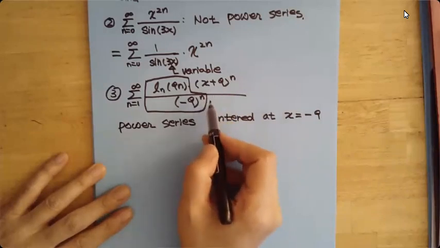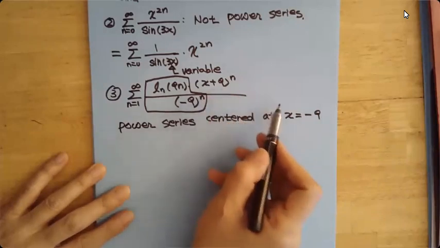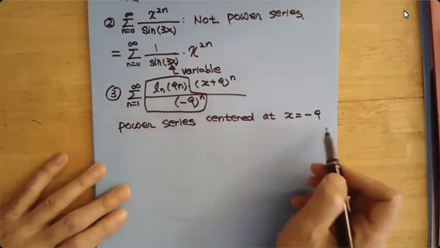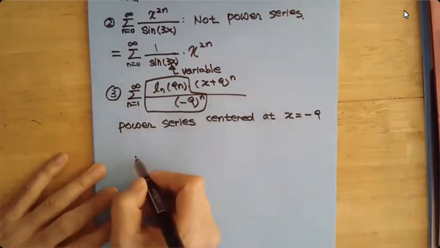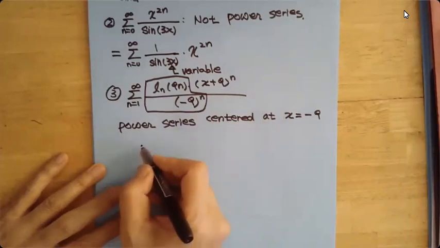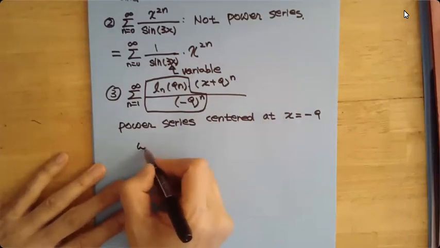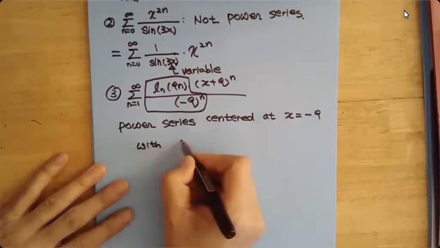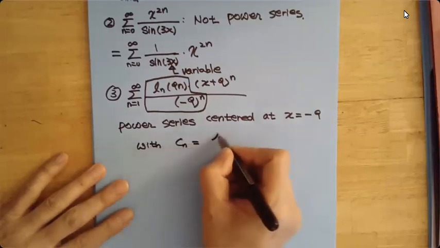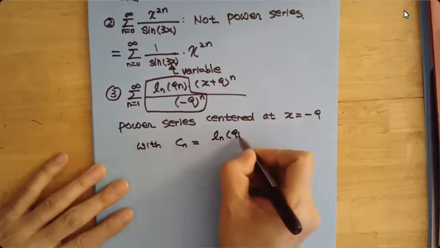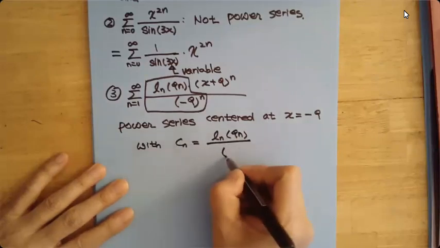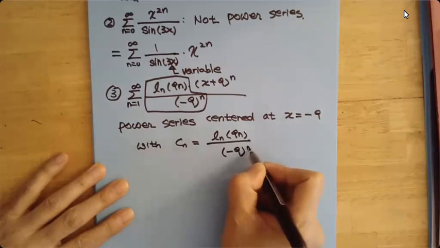You think about x plus 9 equals 0 and then solve it, and that is x equals negative 9. So that is a power series centered at x equals negative 9 with the coefficient C_n equals natural log of 9n over negative 9 to the n power.